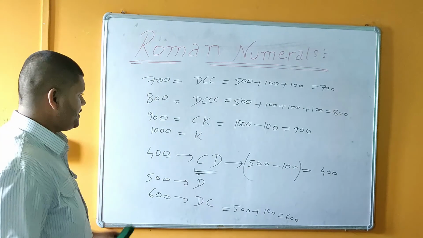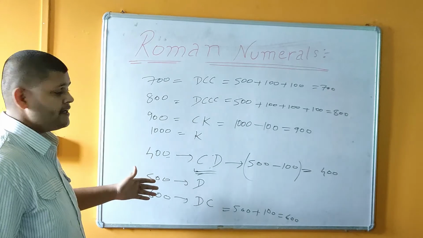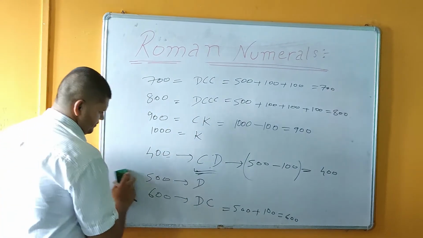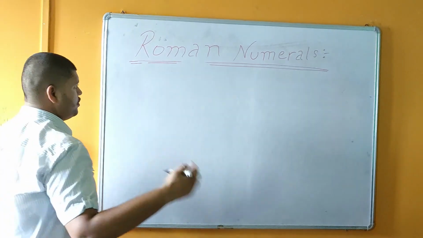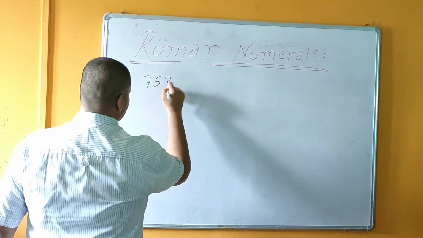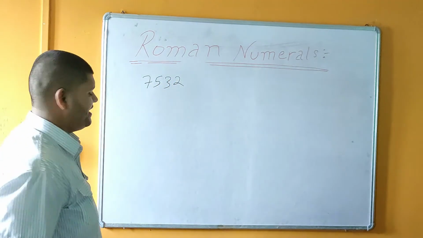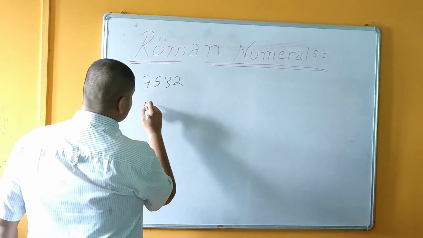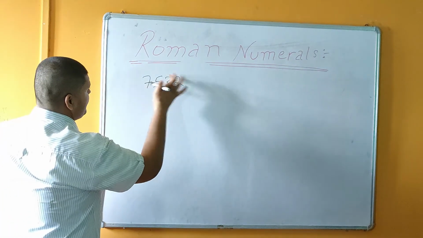Okay. In this way you can transform any random number in terms of Roman number. Let us take some more. I am erasing this. Let us take any random number, 7532. This is the number and I want to write in Roman number. For this, first of all you have to split this into Arabic numeral.